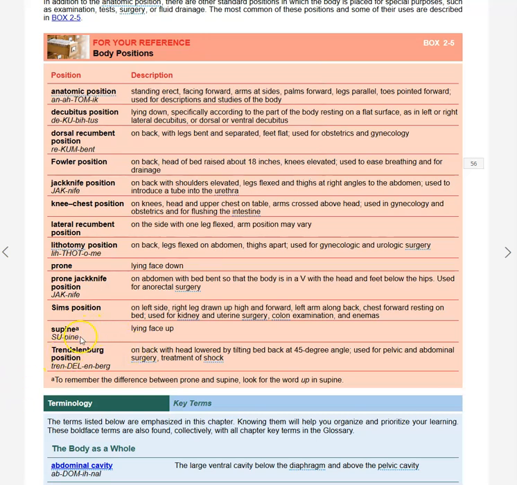Supine is one that we use often because most of the time a patient's lying face up. They're supine. Or Trendelenburg is a position where, if a patient passes out or their blood pressure's dropping, we Trendelenburg them, and that means we put their head below their body.